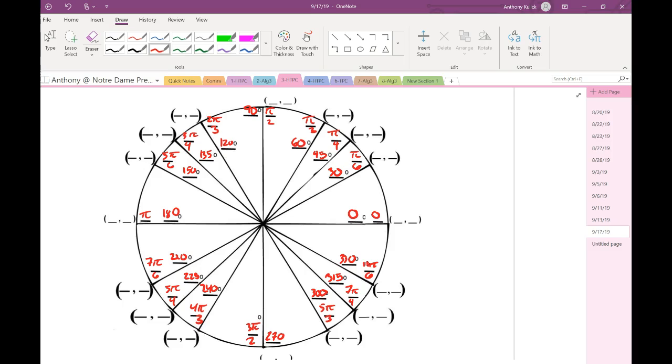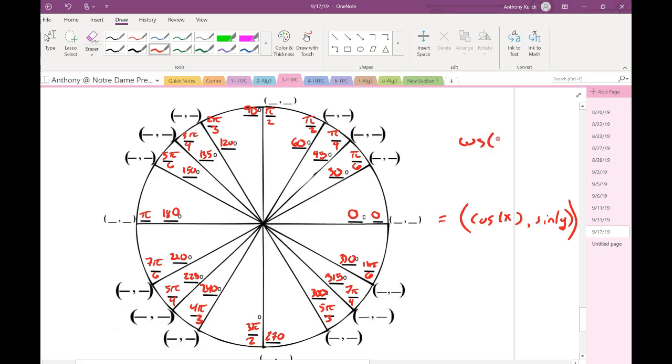All right, so now let's fill out the x and y coordinates. One of the features on the unit circle is that if the radius is 1, the x coordinate is essentially our value for cosine, and our y coordinate is our value for sine.